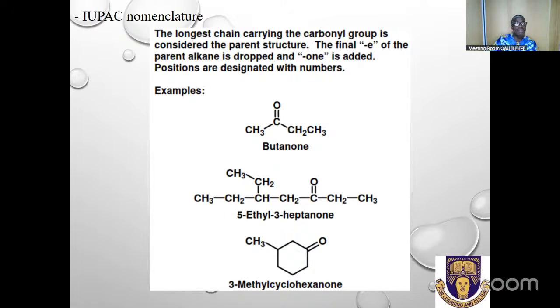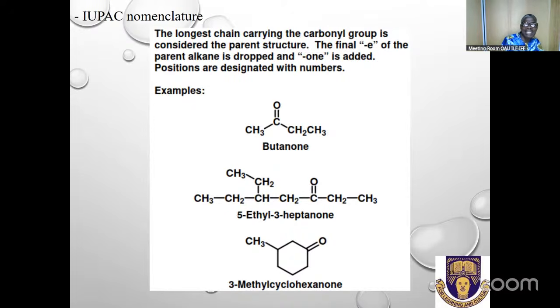Now let's look at the examples here. The first one. To name this using the IUPAC system, we must number the carbon atoms and give the smallest number to the carbon bearing the double bond O. That is, the carbonyl functional group should be given the smallest number.